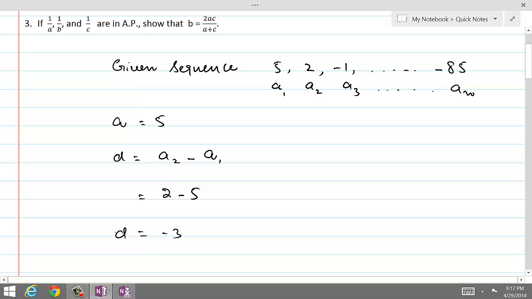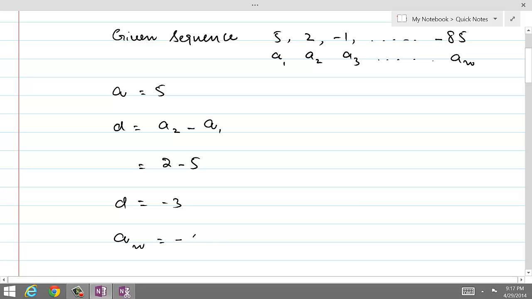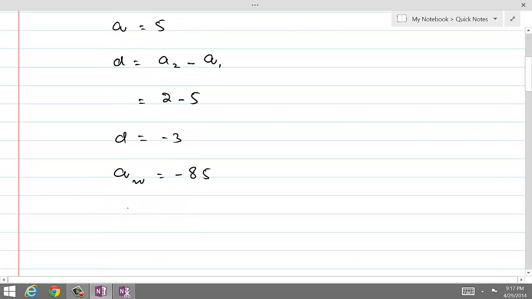So we have a common difference of -3. The first term is 5, and AN, the nth term, is given as -85. What we are interested in finding is which term is -85, so we need to find N.